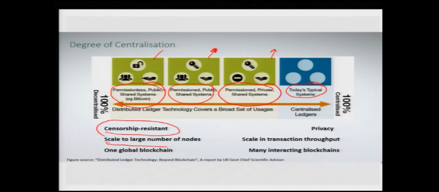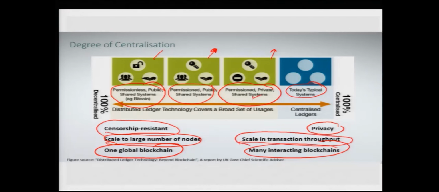It scales to a large number of participants, so that is one thing. You can also have one global blockchain, or you can have many interacting blockchains. You can have privacy if you are going for this kind of a system, and the transaction throughput can also scale if you have a permissioned private blockchain compared to, let's say, Bitcoin, where we saw that transaction throughput is very, very low.